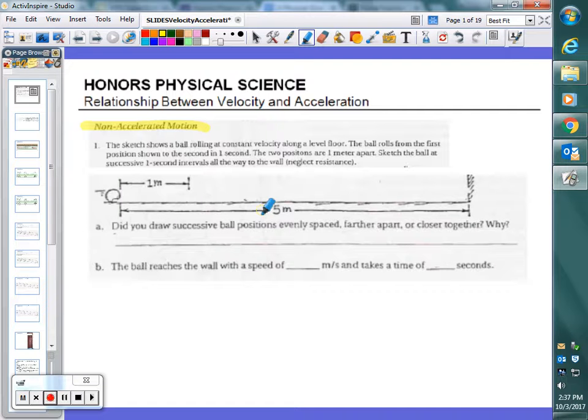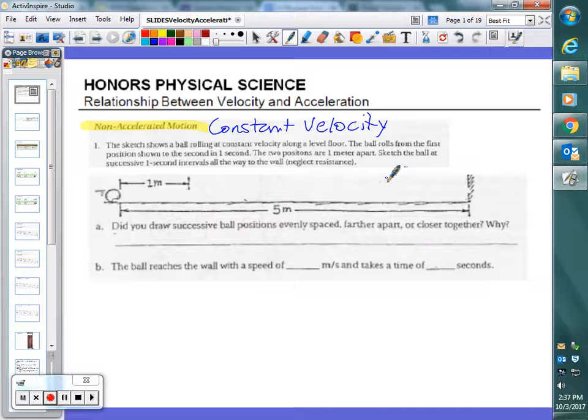If we have something that has a constant velocity, what does that mean about the velocity? It's constant. It's not changing, right? Okay?